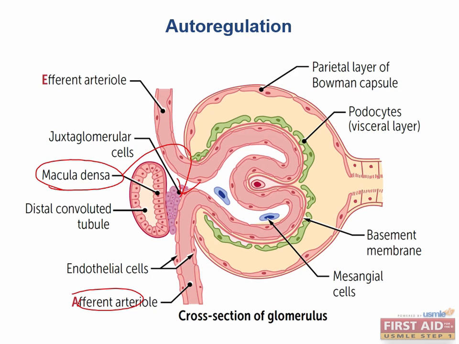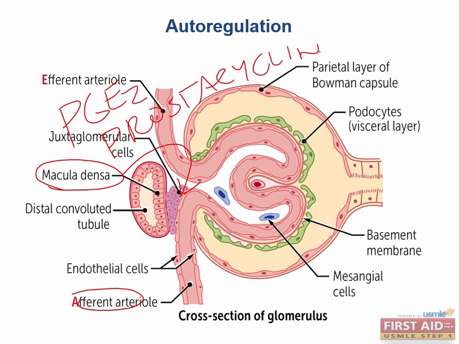The macula densa communicates with the juxtaglomerular apparatus to control the release of vasodilatory factors such as prostaglandin E2 and prostacyclin.